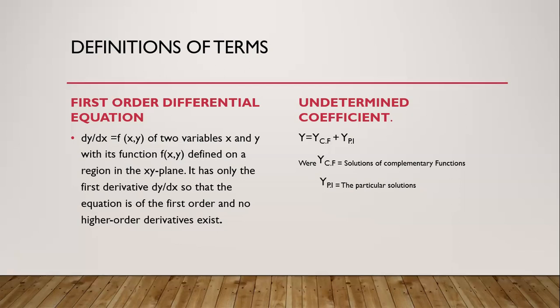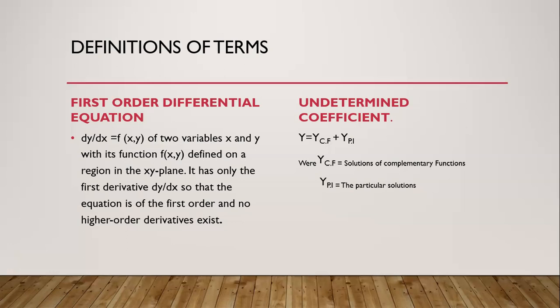It has only the first derivative dy/dx, so the equation is first order and no higher order derivative exists. That means the first order differential equation is the equation that has dy/dx as the highest derivative. The highest power is 1.